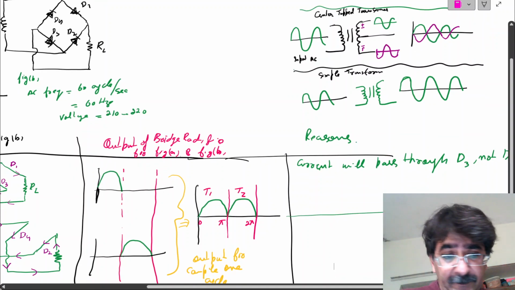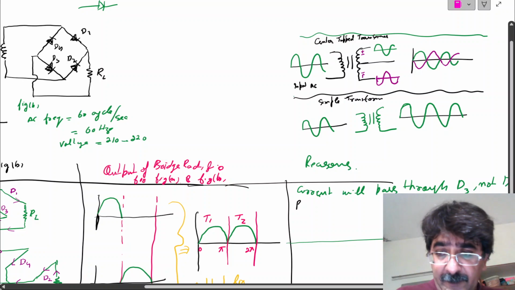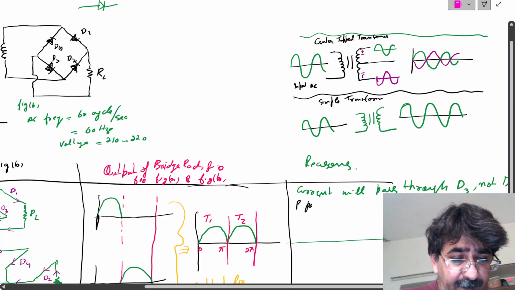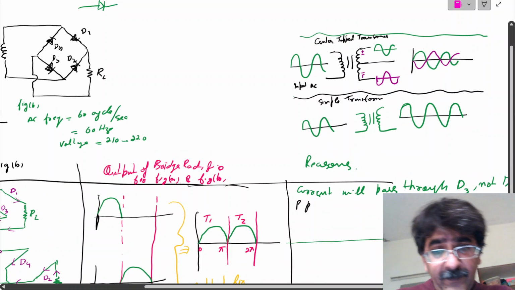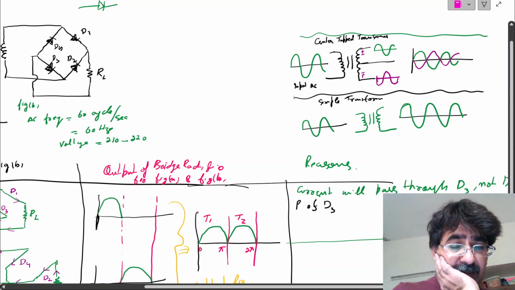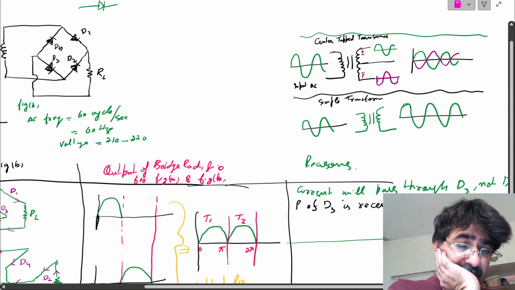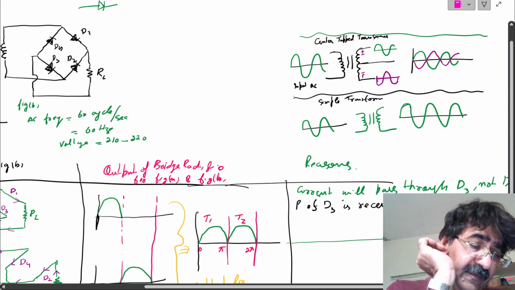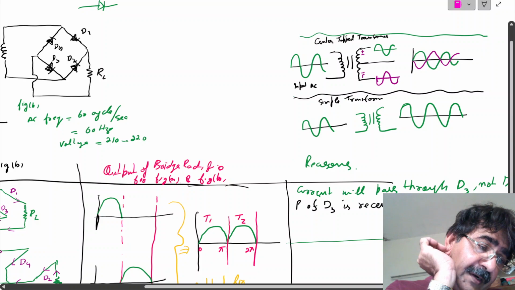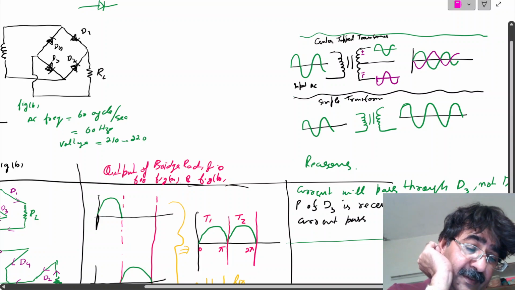The reason is that the P part of D3 will receive the dropped current of the positive part of the input wave, passing through the load resistance.